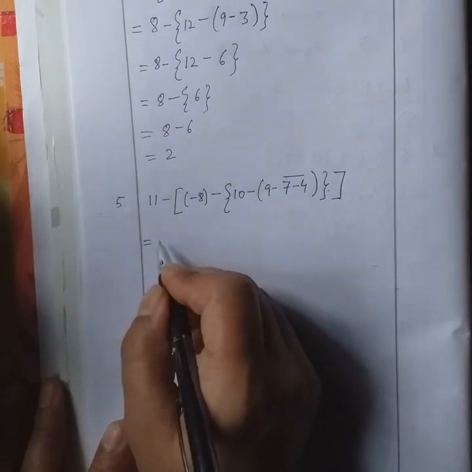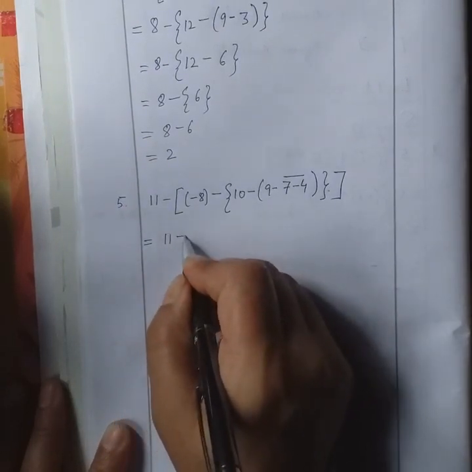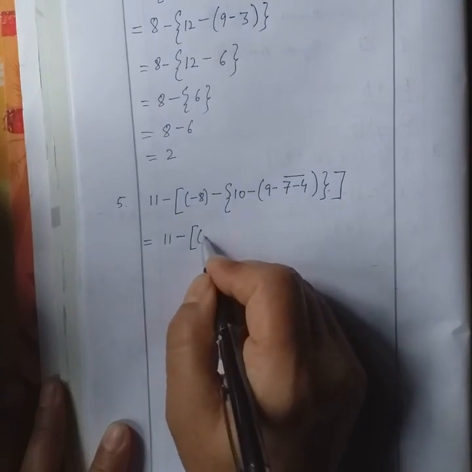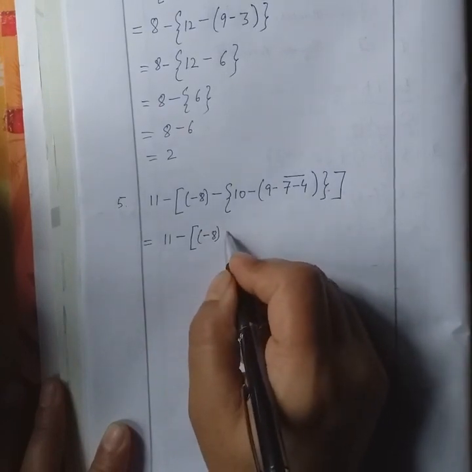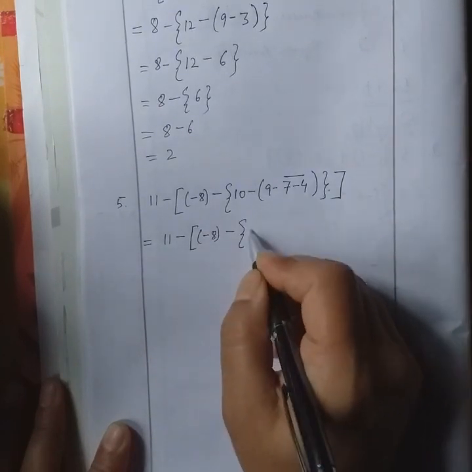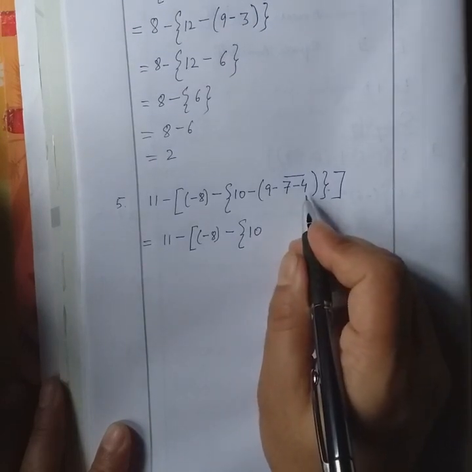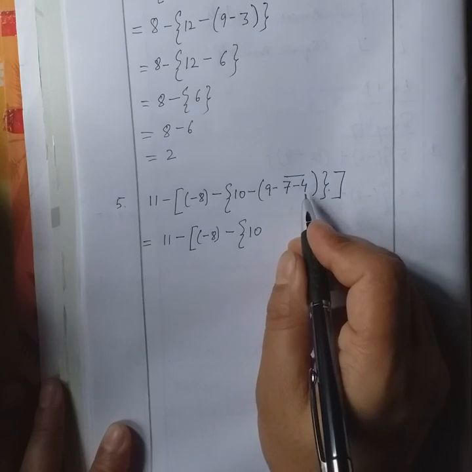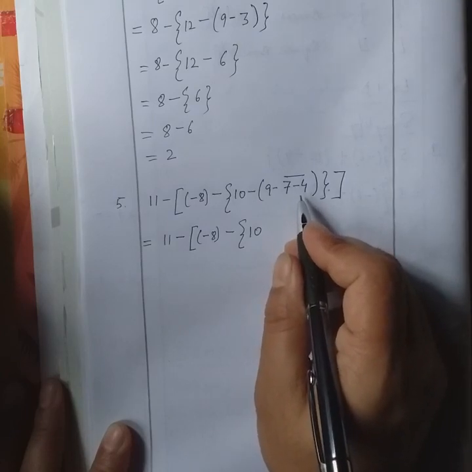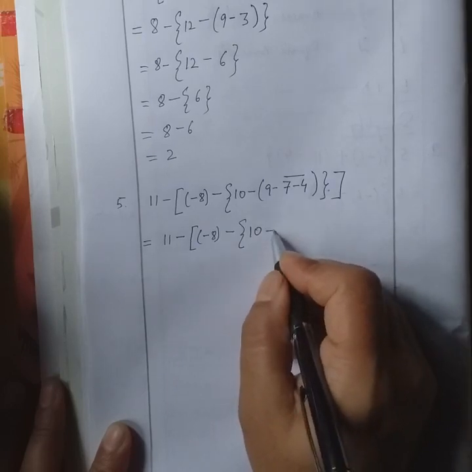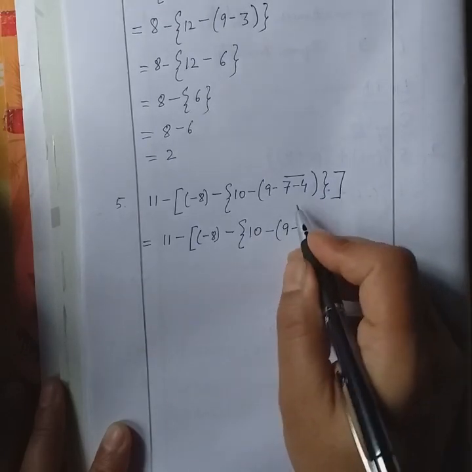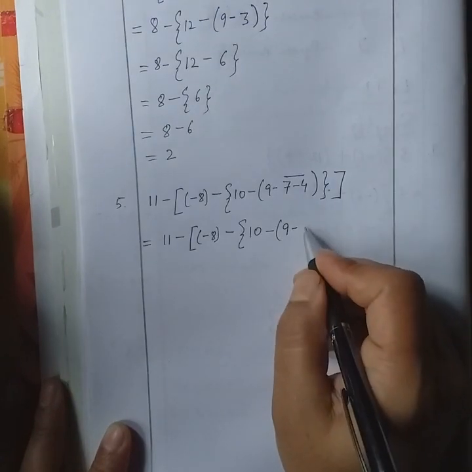It equals 11 minus 8 as it is, minus 10. Now inside this bracket, we have to work, and inside this bracket a bar bracket is also there. So first we will solve under this bar bracket. 7 minus 4 is 3.